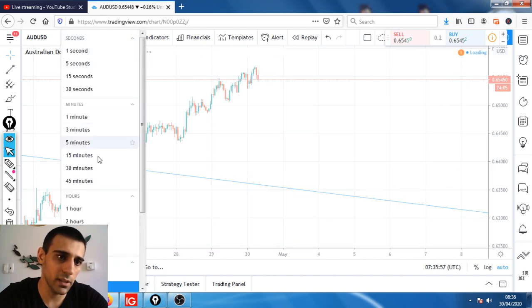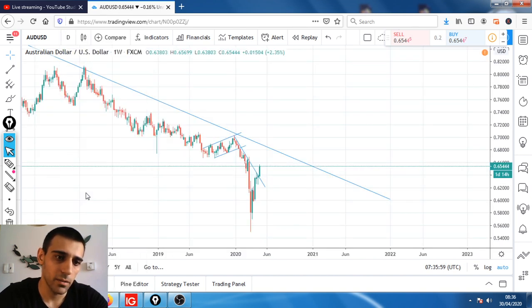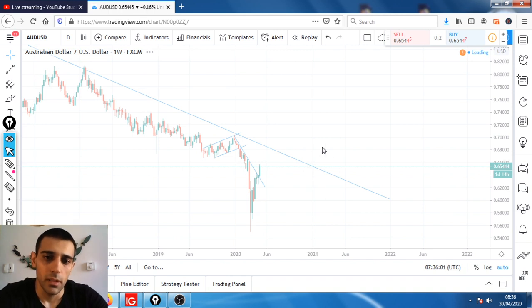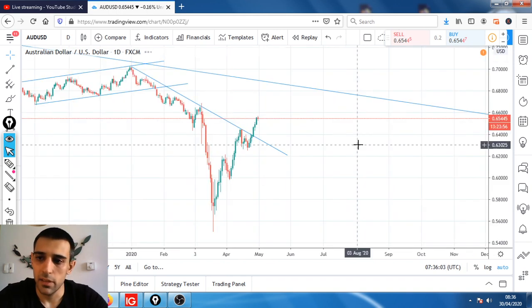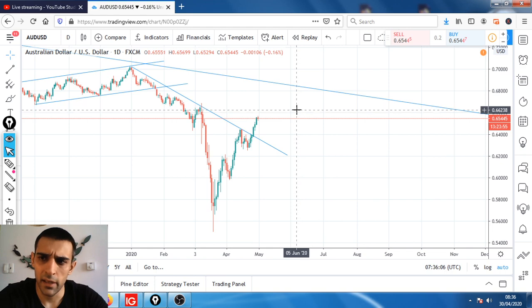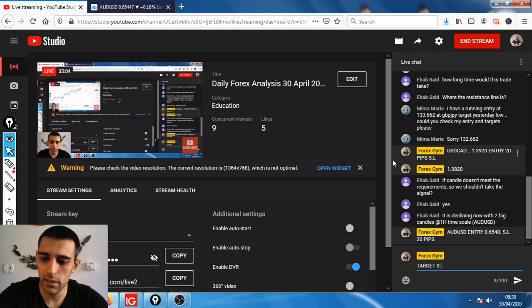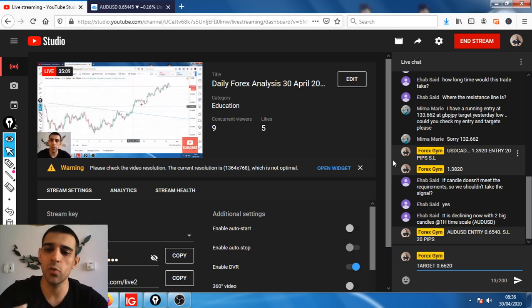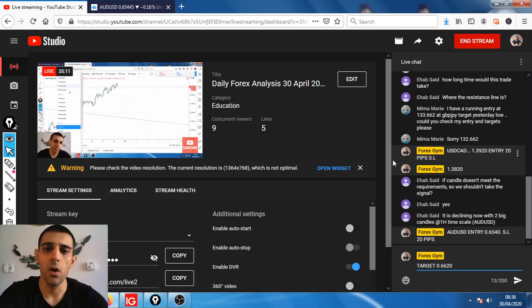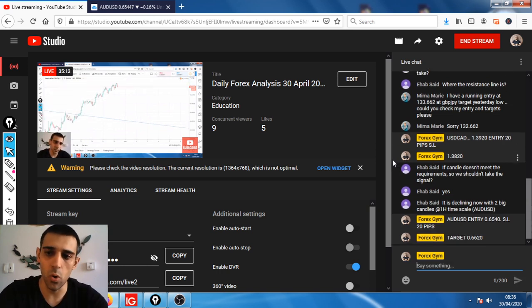Oops, not weekly, daily. I think it was 66.20 if I'm not mistaken. Yeah, 66.20. So the target is 66.20. So we'll be looking at an 80 pip gain with about a 20 pip stop loss, which gives us 1 to 4 risk reward.